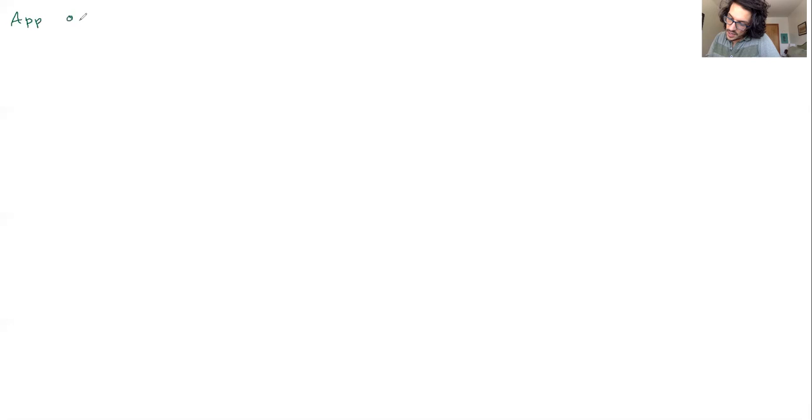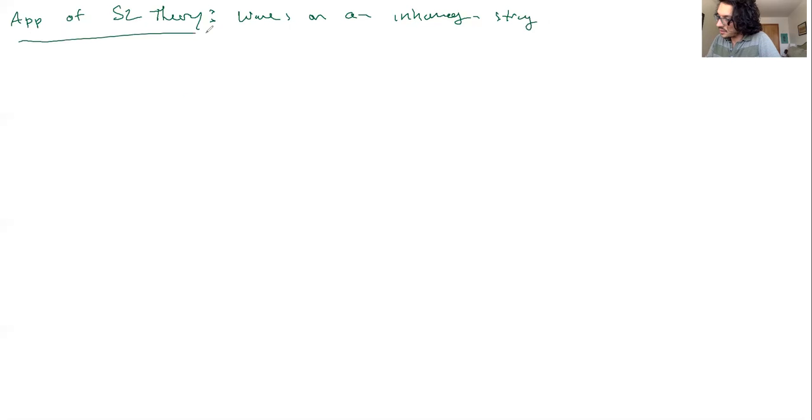So one more application of Sturm-Liouville theory, in particular waves on an inhomogeneous string, okay? So we have this string, right?